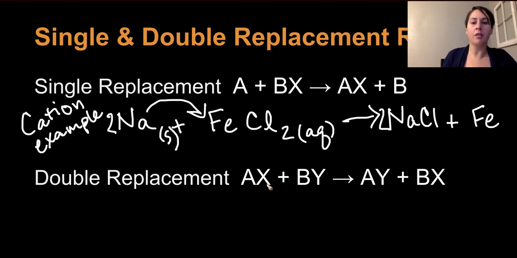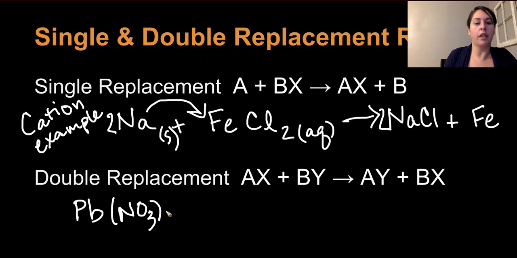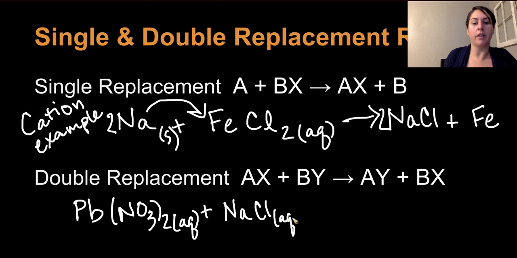Okay, when it comes to the double replacement reaction, we will see something like, say we have lead nitrate, Pb(NO3)2, we'll do lead 2, and this is usually always aqueous, okay, and we're going to add it to another aqueous, so we're going to have sodium chloride, which will be aqueous, and these will actually swap partners.